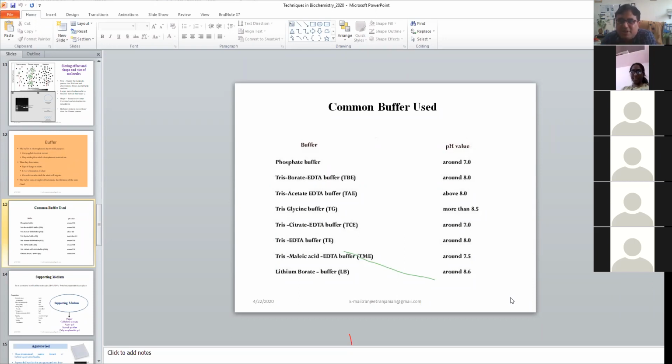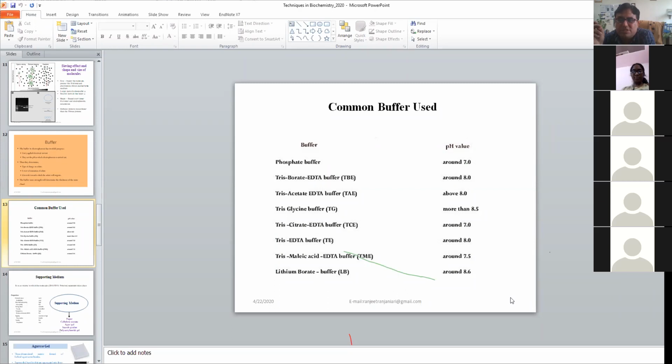Yes. So here I have written buffers, but this buffer always comes in a combination based on the molecule which you are going to separate. This is the first important point. Second is the pH which I have written here. Though here it has been written around, above, more than, pH is very specific and one should not breach this pH value, because this pH has a direct effect on the resolution of the particle which you are going to use.